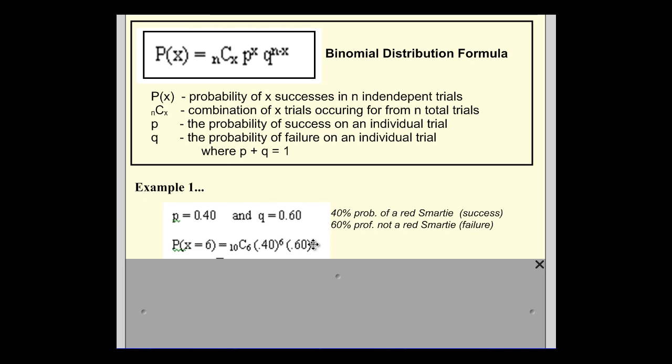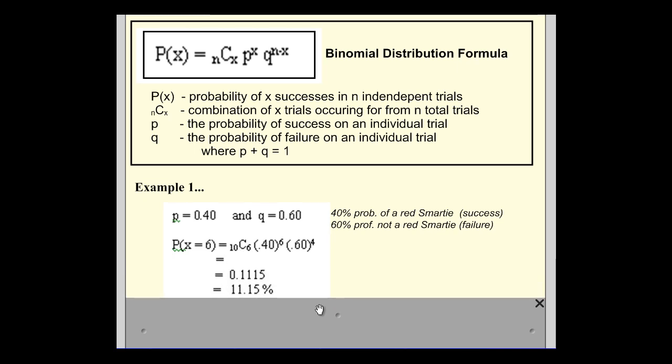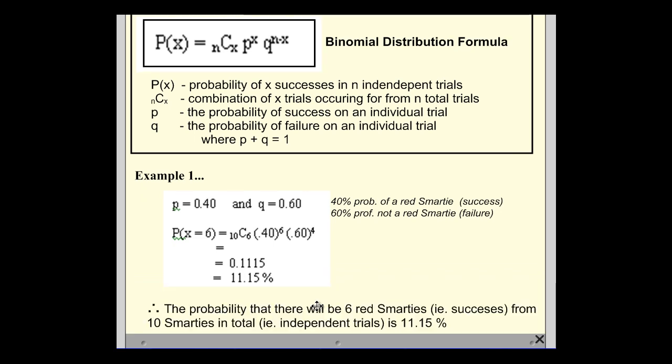Okay, notice this 6 and 4 always add up to the 10 here, to the n. Alright, you work that math out, and you're going to find that this happens 11.15% of the time. So, in summary, there's going to be 6 red Smarties, our successes, from a total of 10. That means there were 10 independent trials. It's going to happen 11.15% of the time.